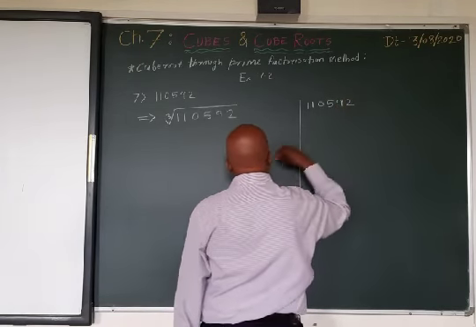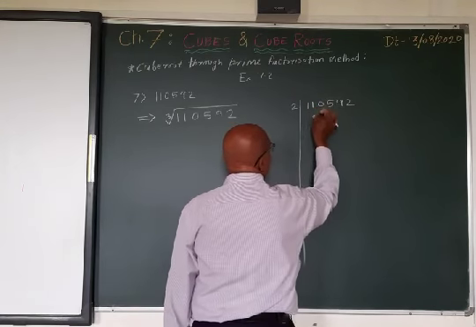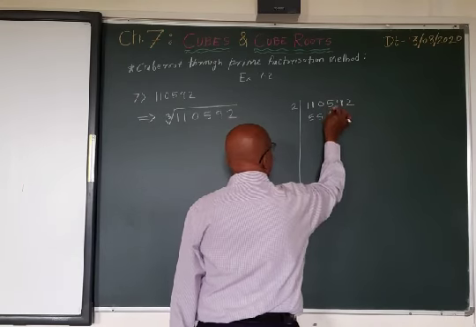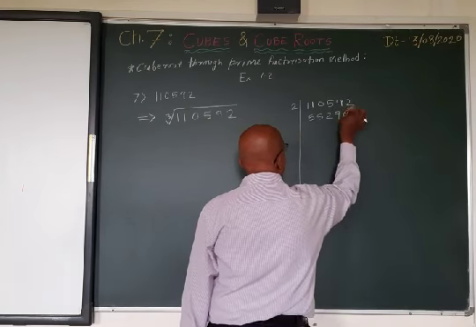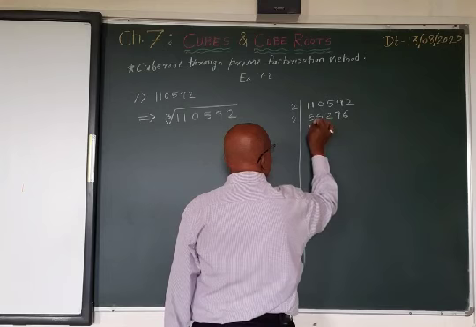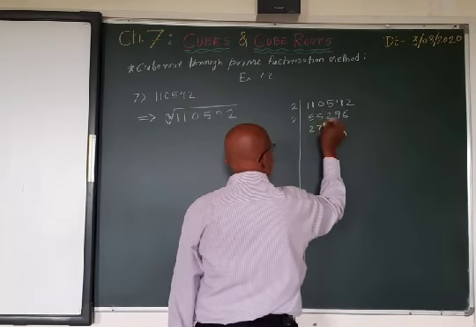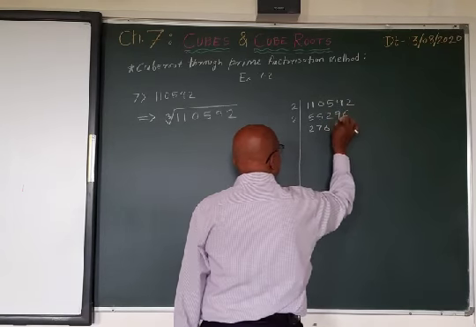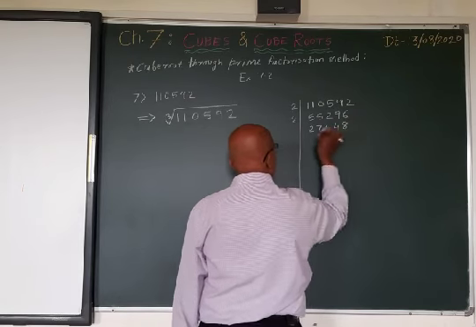110592. Obviously it is an even number, so first will be 2. 2 fives are 10, 2 fives are 10, 2 twos are 4, 2 nines are 18, 2 sixes are 12. Again, 2 twos are 4, 2 sevens are 14, 2 sixes are 12, 2 fours are 8, 2 eights are 16.